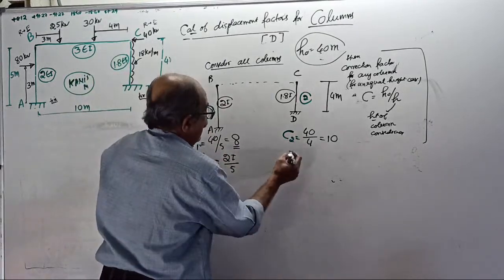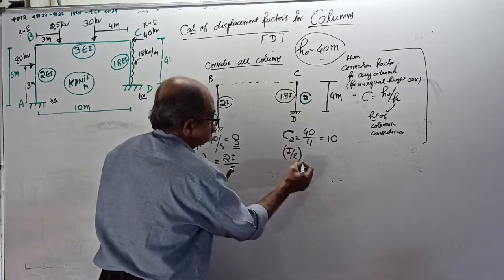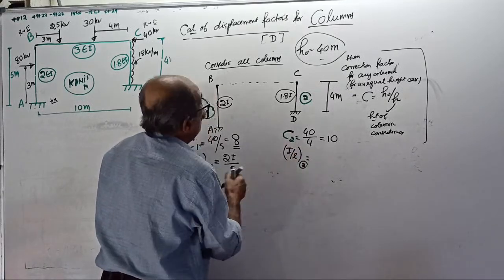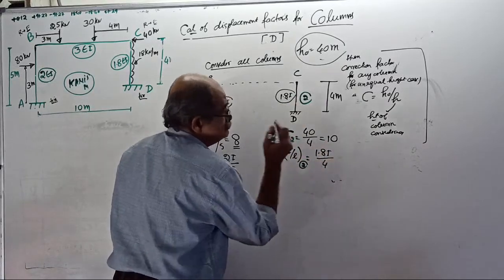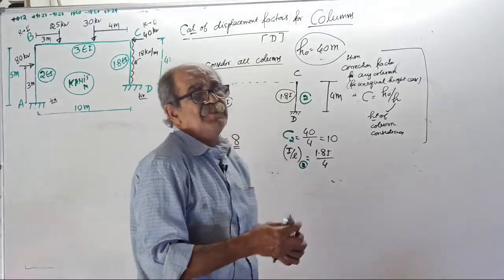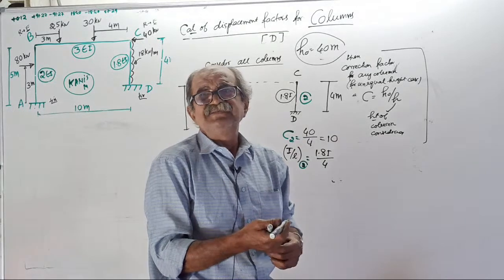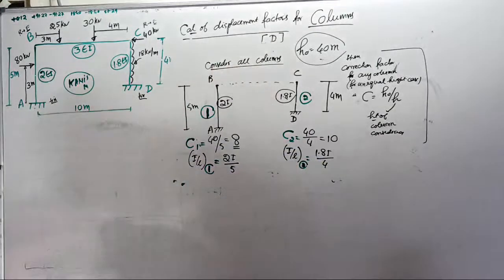And here, I by L for column number 2 equals 1.8I divided by 4. Fully clear? If the column is fixed, the base is fixed, you need not call it I by L, you can call it K1, K2.